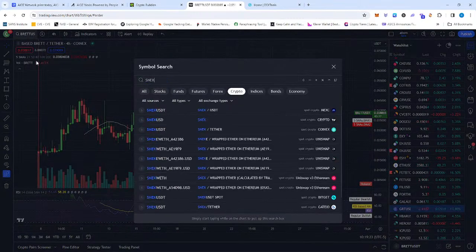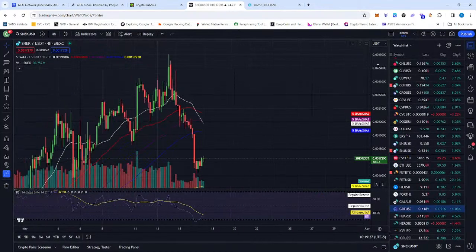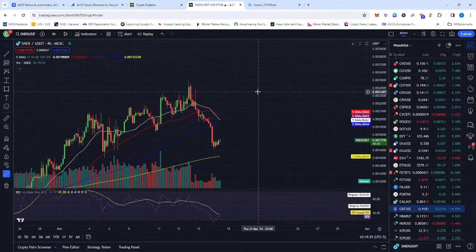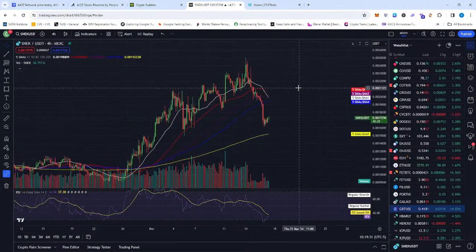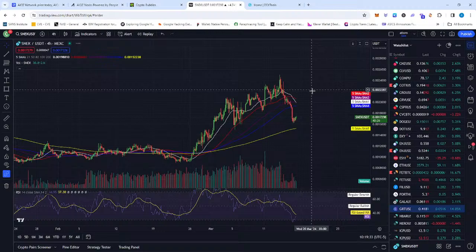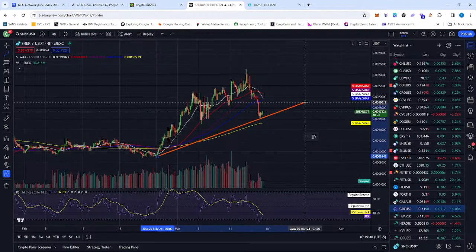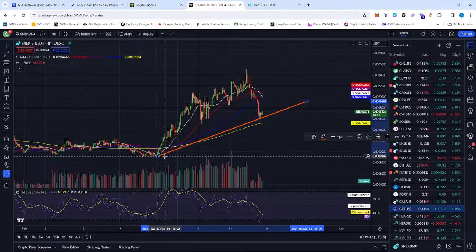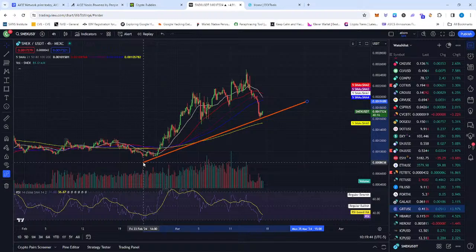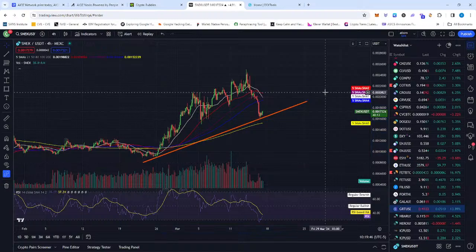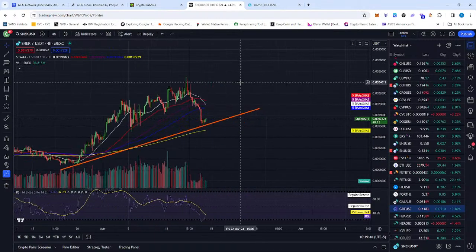Snake. This is a real big meme coin on Cardano. It's called Snake. It's one I've been looking into, trying to find an entry point.